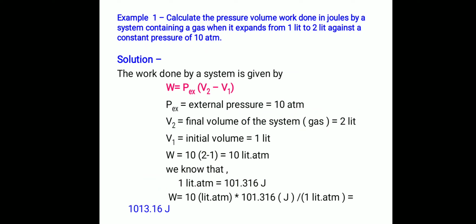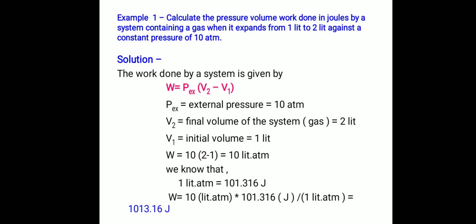The gas is going to expand from 1 liter to 2 liter, so the initial volume and final volume, that is V1 and V2, are 1 liter and 2 liter. It is a constant pressure process, so 10 atmosphere is the external or constant pressure. So the data given is pressure, V1, V2, and we have to calculate the PV work done.